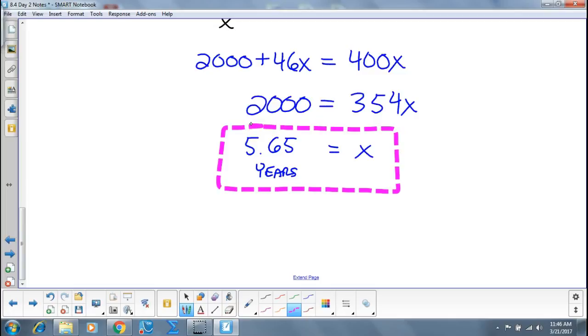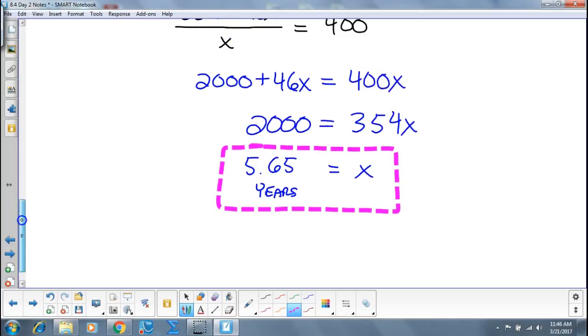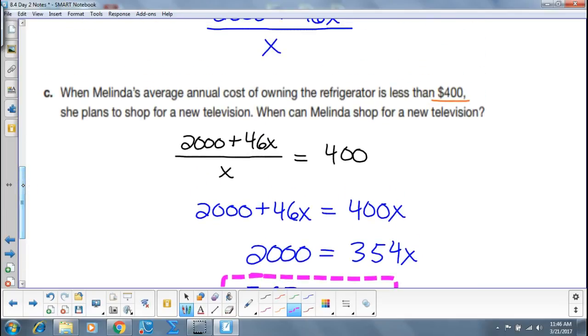What's up, Luke? Why didn't we do the reciprocal? We did cross multiply because we weren't dividing by a fraction. This up here was like this being over 1.